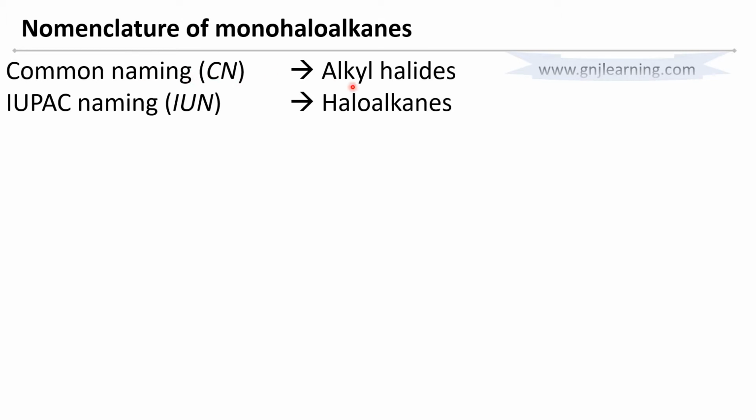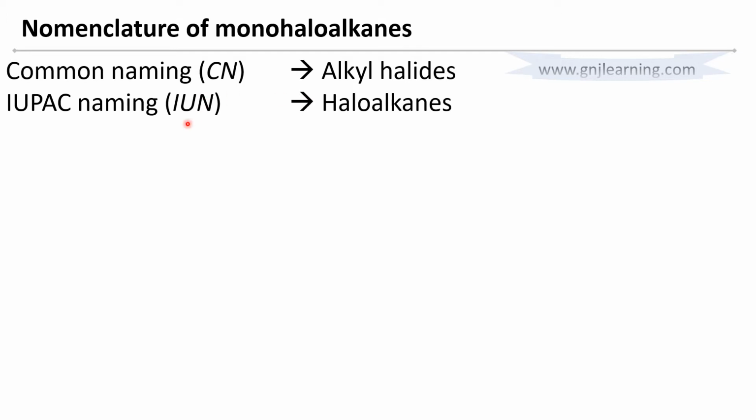In common naming, halide is the parent, whereas in IUPAC naming, the alkyl group or the hydrocarbon part is the parent. Clear? In common naming, alkyl is a branch, whereas in IUPAC naming, halo serves as a branch. That's the basic difference between common naming and IUPAC naming.